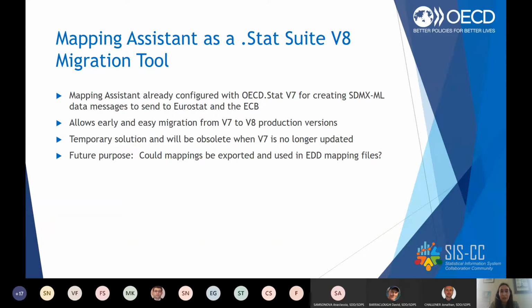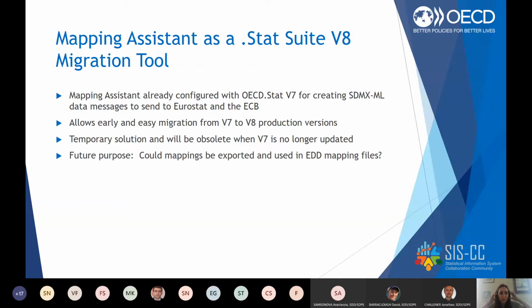For the example I'm going to show, I haven't had any problems yet, and I haven't found any restrictions in mapping. It's been able to do all the mappings that I want. So it's actually been a really great tool.